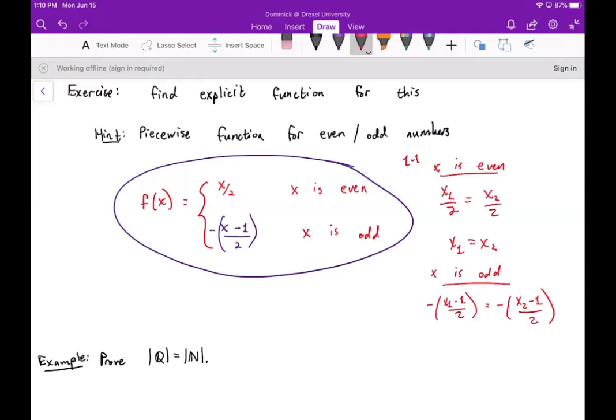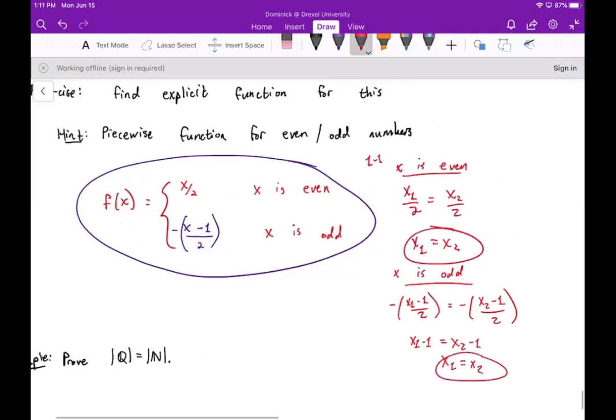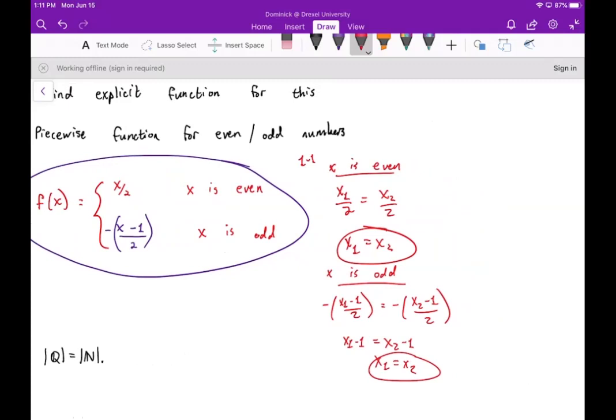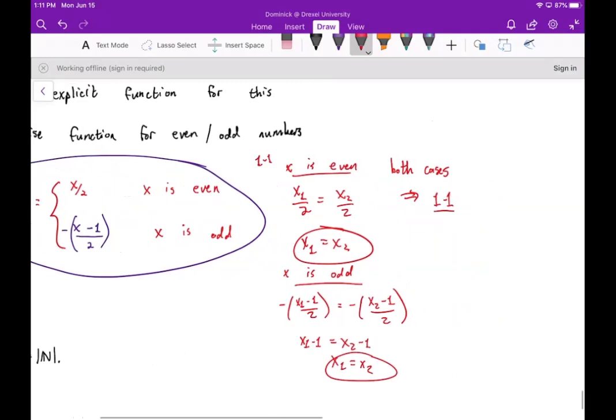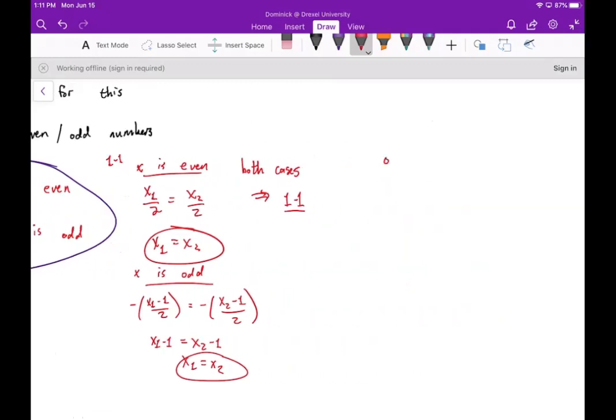And if you multiply both sides by -2, you would get x1 minus 1 is equal to x2 minus 1. So x1 is equal to x2. So both cases lead to one-to-one.